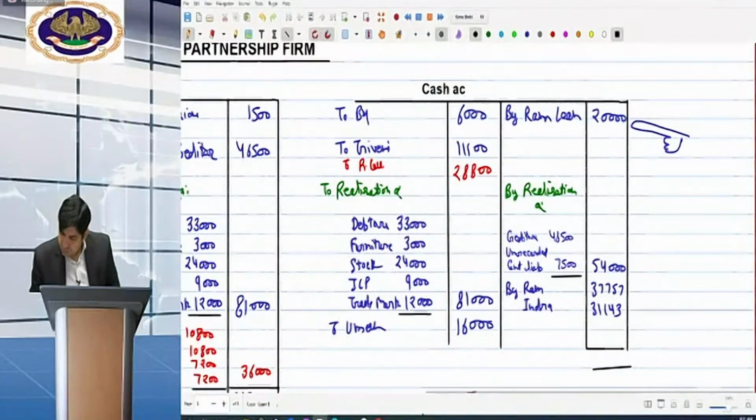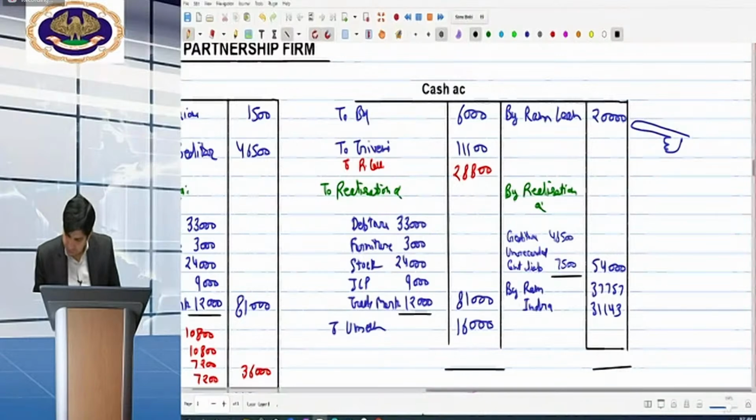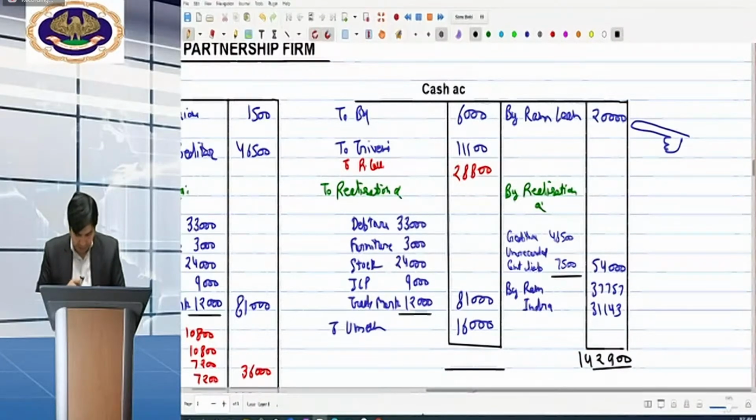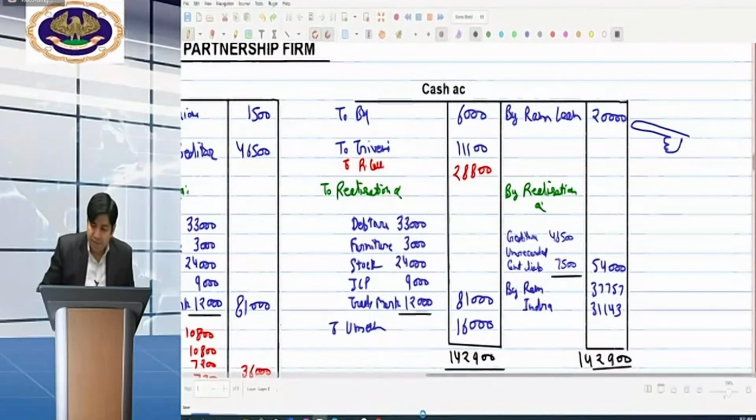This account must be automatically tallying. 142,900. And here another one. 6,000 plus 11,100 plus 28,800 plus 81,000 plus 16,000. That is 142,900. Can you please tell me, till this okay?